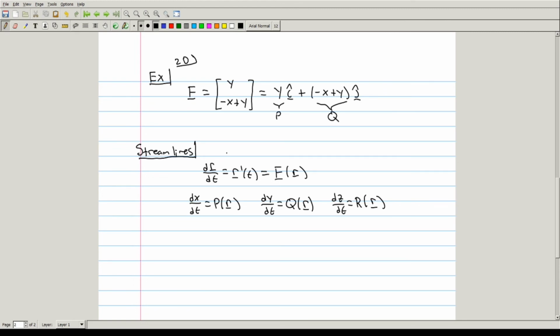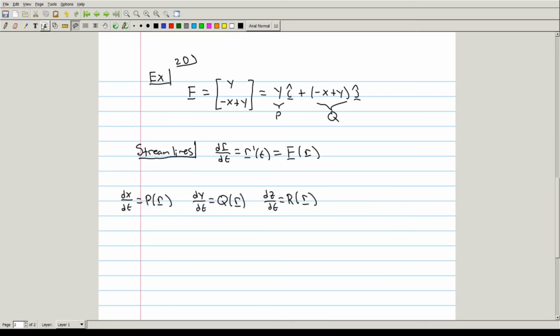This is the system of equations in 3D. In 2D, we only have two ordinary differential equations. The differential equations are dx/dt is equal to p of x,y, and dy/dt is equal to q of x,y.